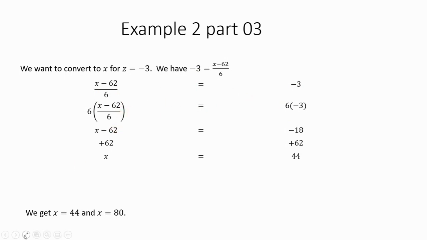That eliminates the 6s. We get x minus 62 on the left and negative 18 on the right. Then we add 62 because we want x to be all alone. We get 44. So 44 corresponds to a z-score of negative 3.